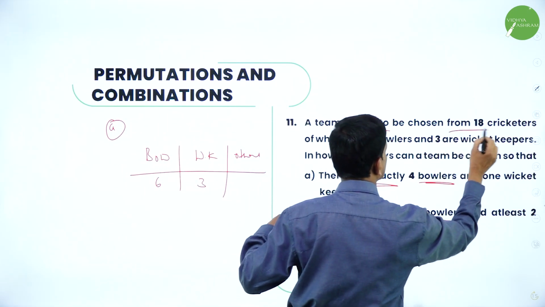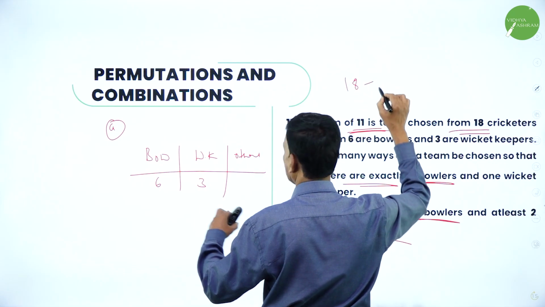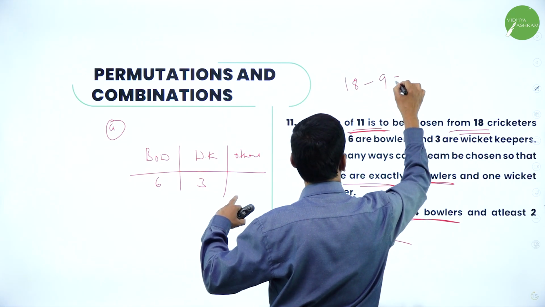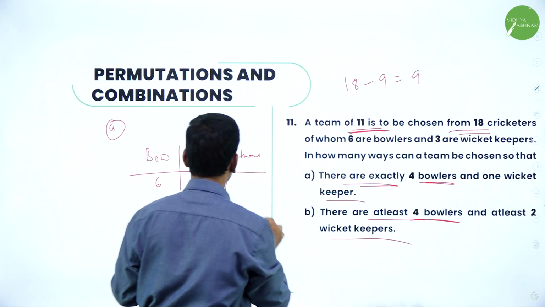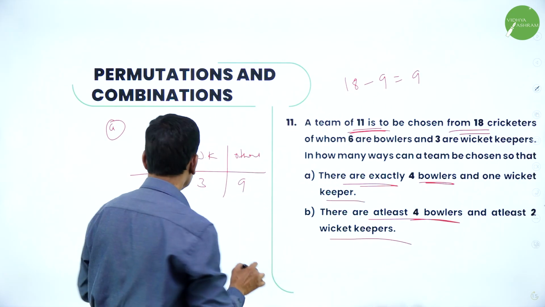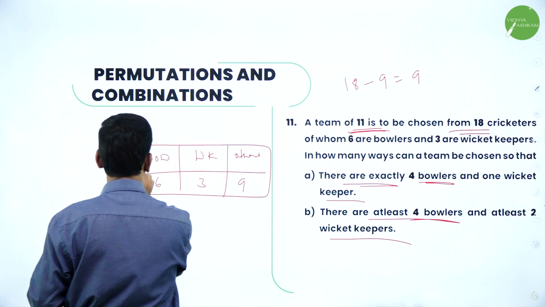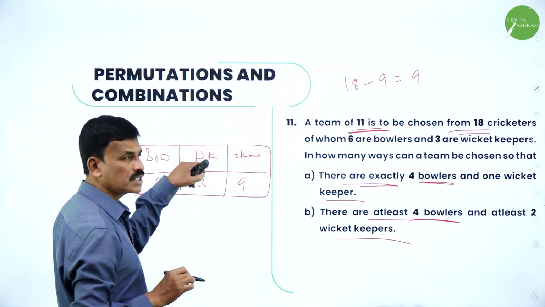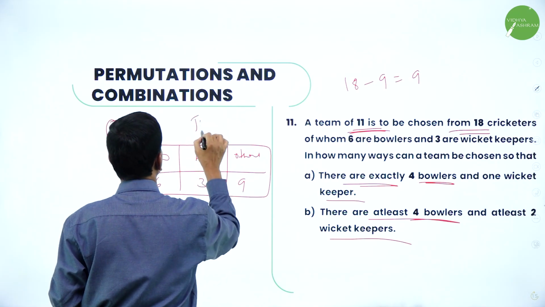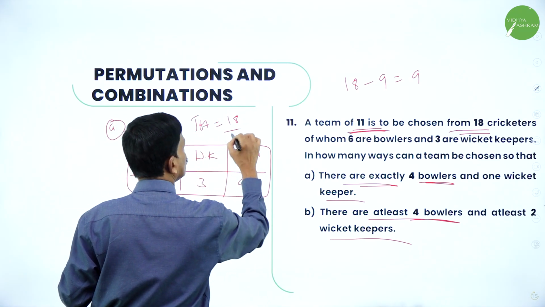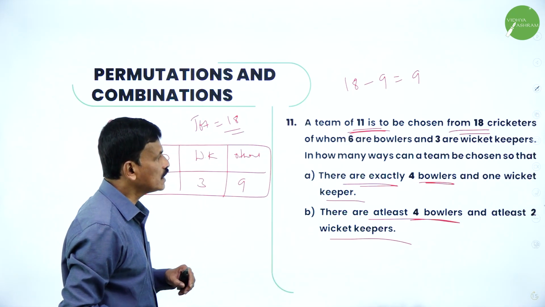How many cricketers are there in total? 18. Out of 18 we have taken 6 plus 3, 9. How many are left? 9 are left. So others are 9. So 6 bowlers, 3 wicket keepers, and the remaining others are 9. Totally there are 18 cricketers.